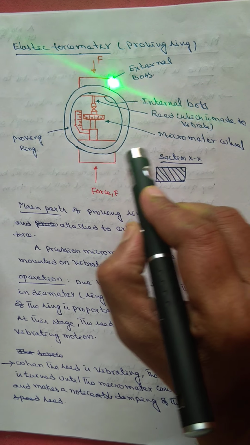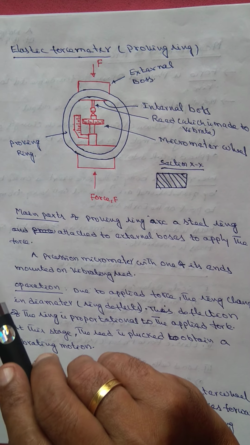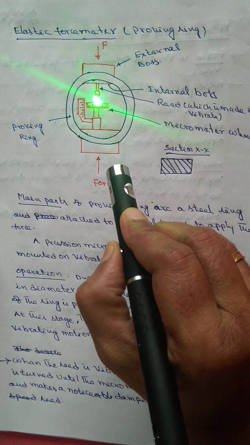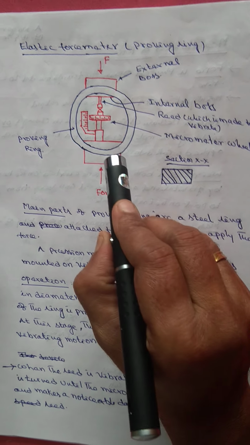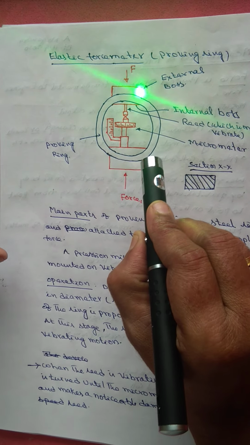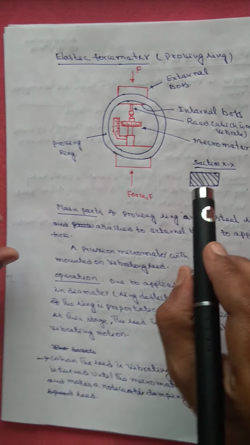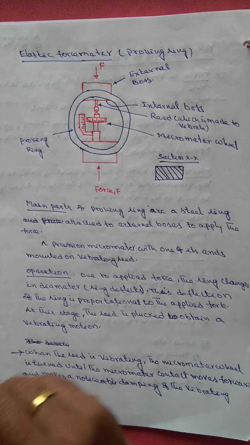This is the internal boss, this is the external boss, this is the reed which we vibrate, and this is called the micrometer wheel.